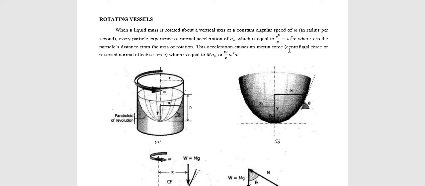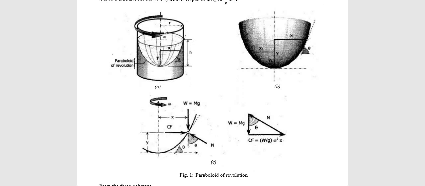For the variables that we are using for rotating vessels, kindly refer to these figures for you to easily identify the formula we are using. Okay? So, for example, this figure 1a, imagine this is the vessel.